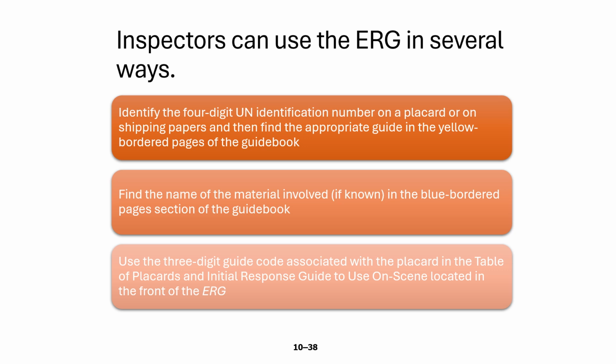You can find the name of the material involved in the blue bordered pages section of the guidebook, and you can identify the transportation placard of the material, then use the three-digit guide code associated with the placard in the table of placards and initial response guide to use on scene, located in the front of the ERG. So there are a handful of ways that you could back your way into understanding what type of material incident we're actually dealing with.